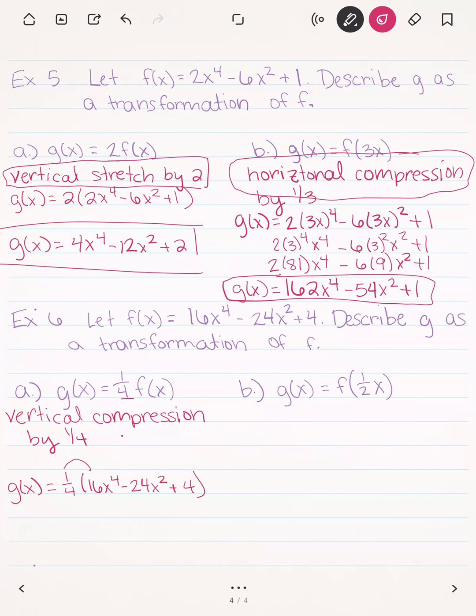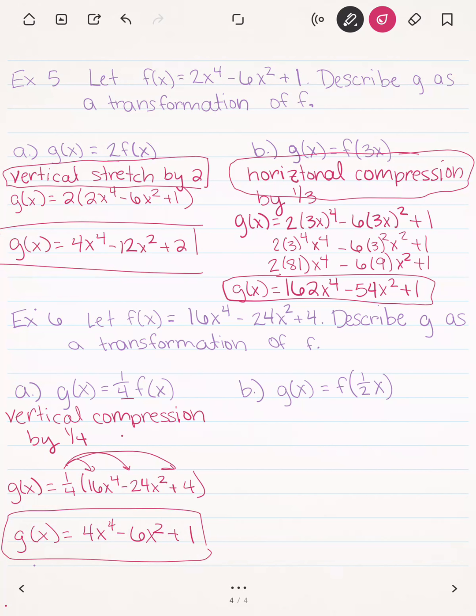So I have 1/4 times 16x to the fourth, which just turns out to be 16 divided by 4, which is 4x to the fourth. 1/4 times a negative 24x squared is the same thing as negative 24 divided by 4, which is a negative 6x squared. And then 1/4 times 4, or 4 divided by 4, is a positive 1. So my equation got smaller.